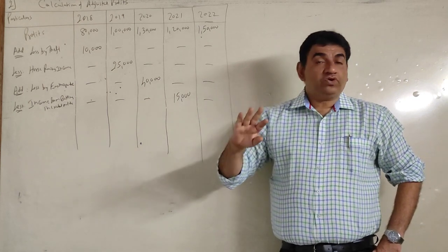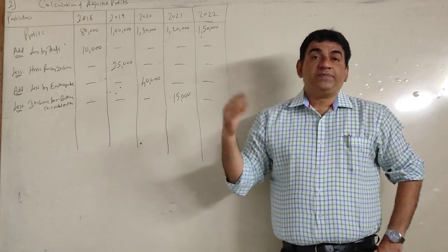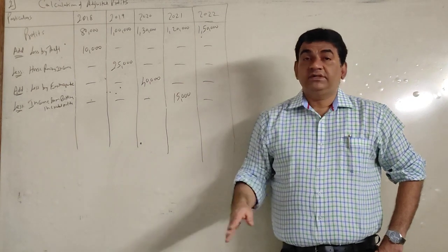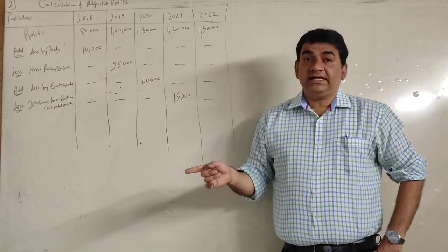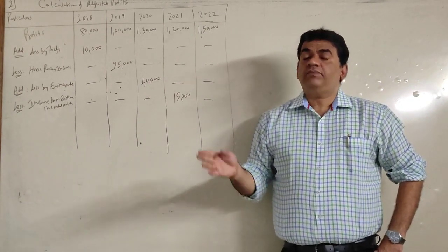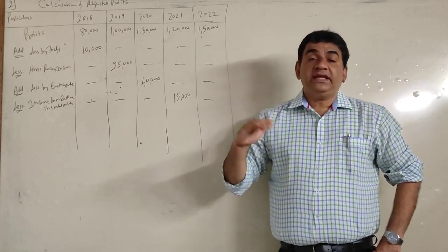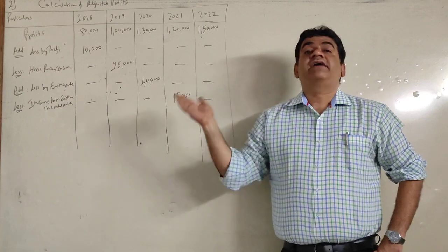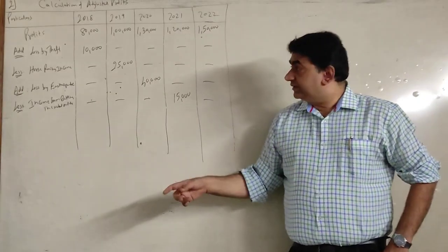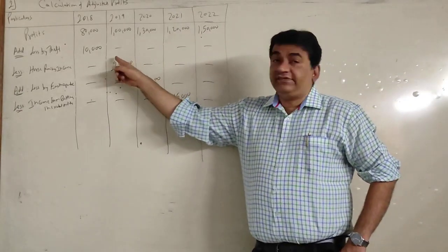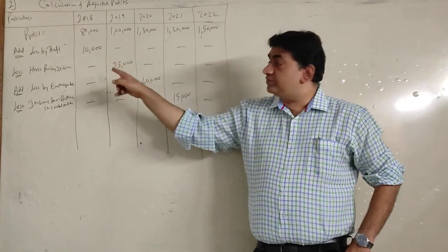Debit P&L means you have shown it as an expense. So when expense is more, profit will come down. So this is an arithmetical error because of which your profit has come down by 50,000. So in order to bring it to a correct value, we have to add it back. Remember, we added loss by theft because it was a non-operating expense.